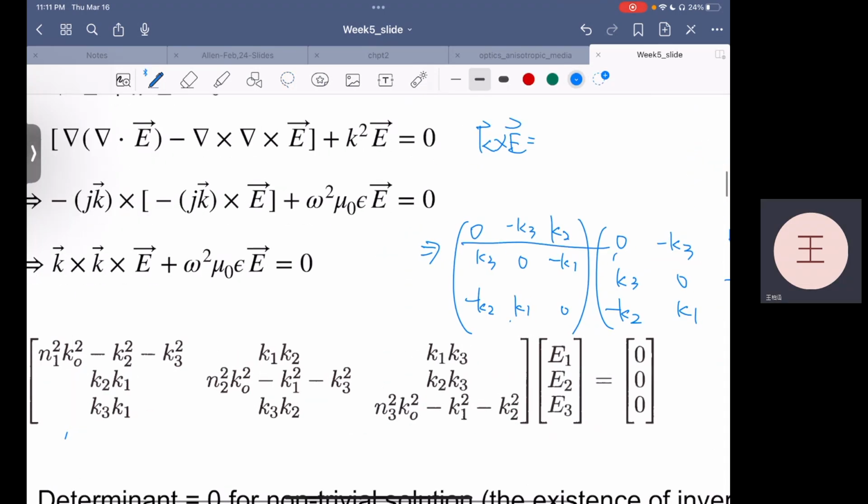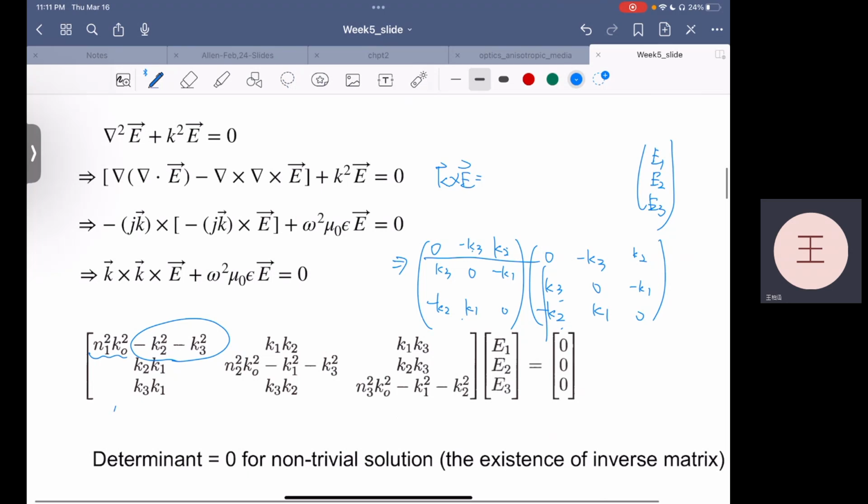Consider the first term, minus k2 squared minus k3 squared, which is exactly the component inside the first element of this matrix. And then the extra term comes from this term, which is exactly, we know that k squared equals, if it suffers from a refractive index, then it's this term. And then along this direction, it's the epsilon 1, which has the index 1.